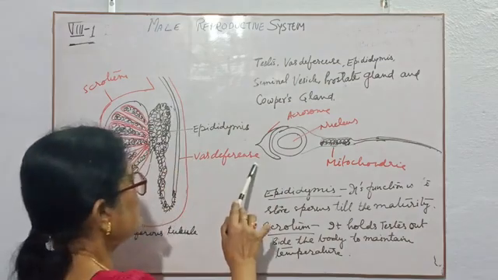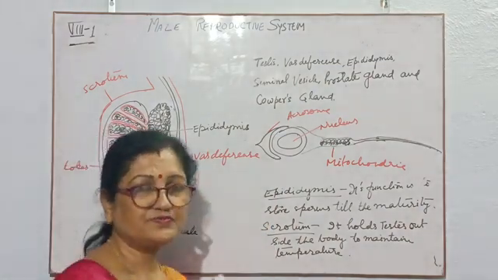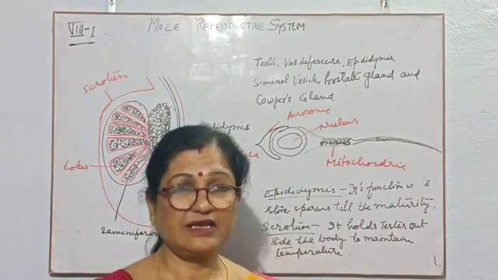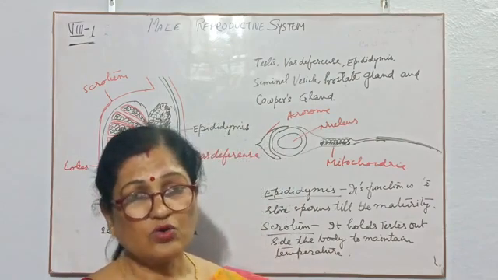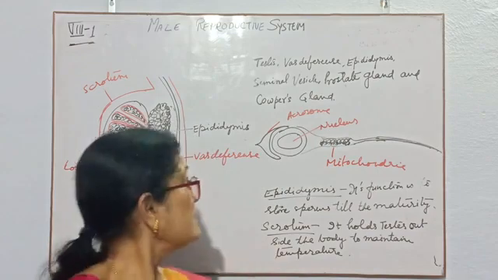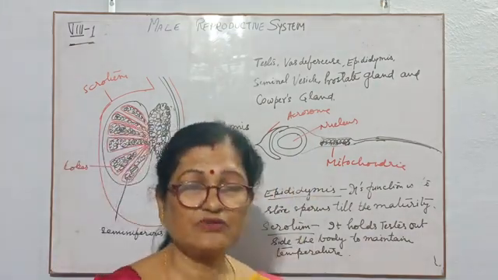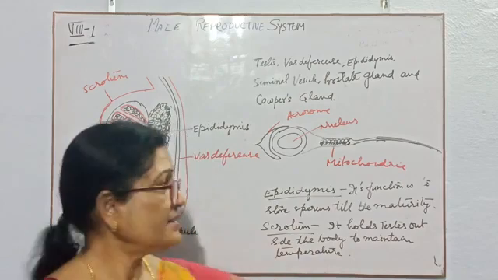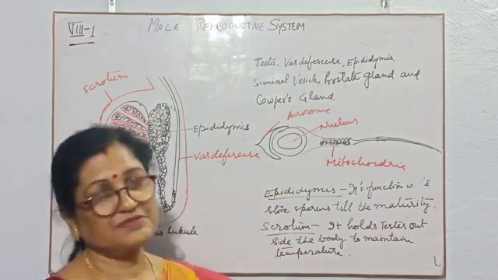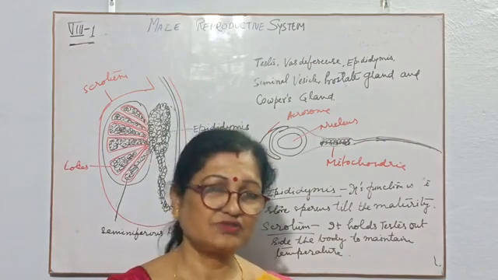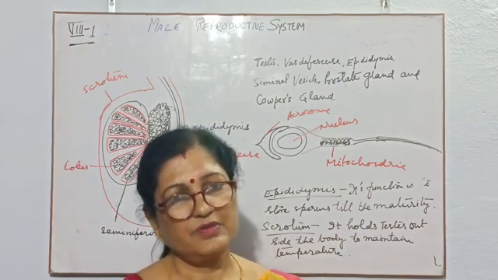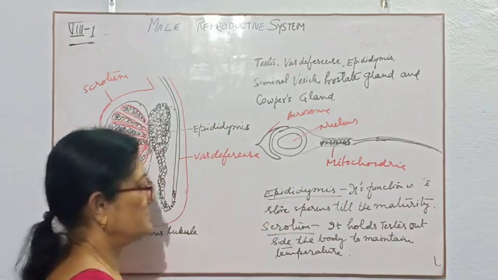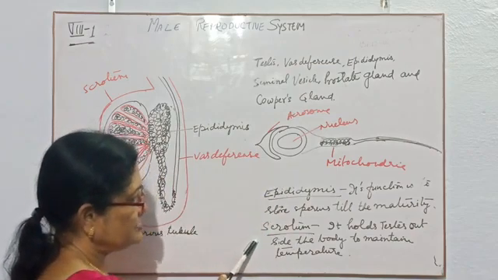Here also the acrosome can insert or send the male nucleus into the ovum of the female body, and it will secrete some enzymes. Due to that, it can enter the female ovum. So this is the structure of the sperm.